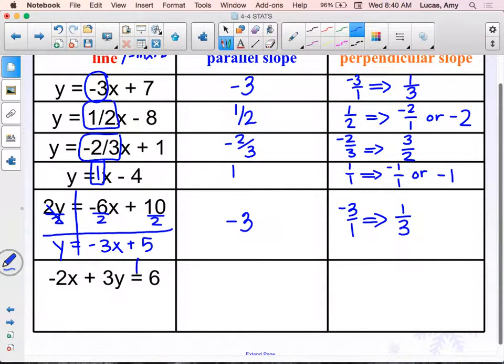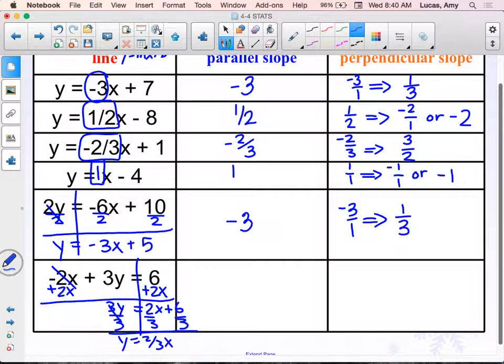The last one requires 2 steps to get the y by itself. Add 2x to both sides. So 3y equals 2x plus 6, and then divide by 3, divide by 3. So y equals 2/3 x plus 2.